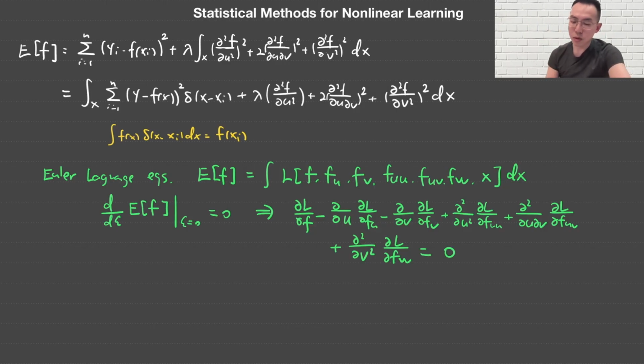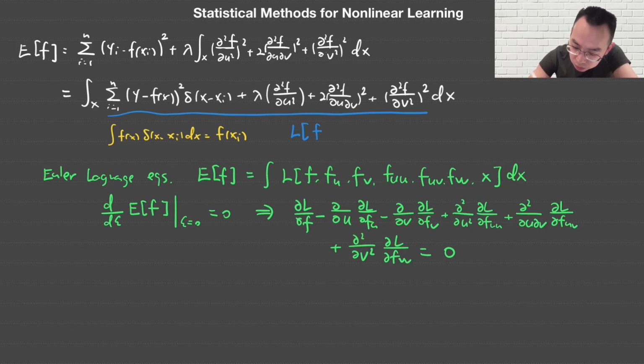That's going to be our Euler-Lagrange equation. It seems very complicated, but I promise that things will be simplified a lot once we plug in E of f into it. In this case, this giant integrand is going to be our L, but the nice thing is that we don't have the first derivative to worry about, just the second derivative.